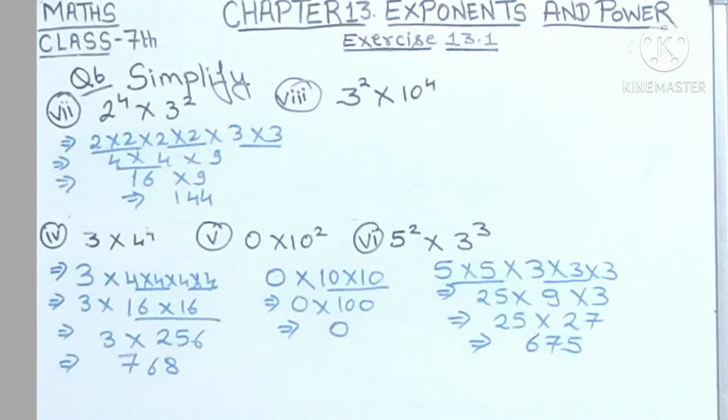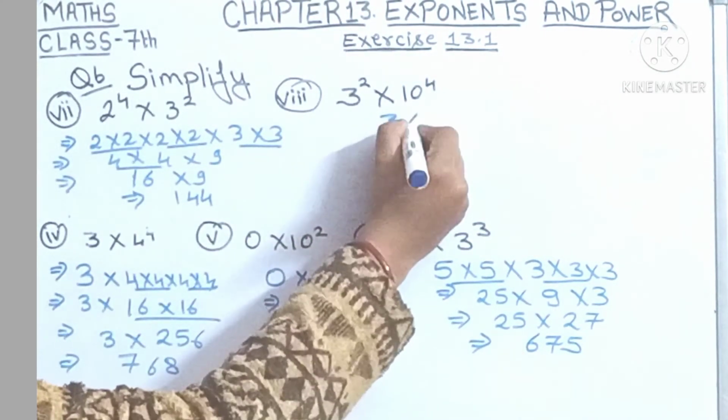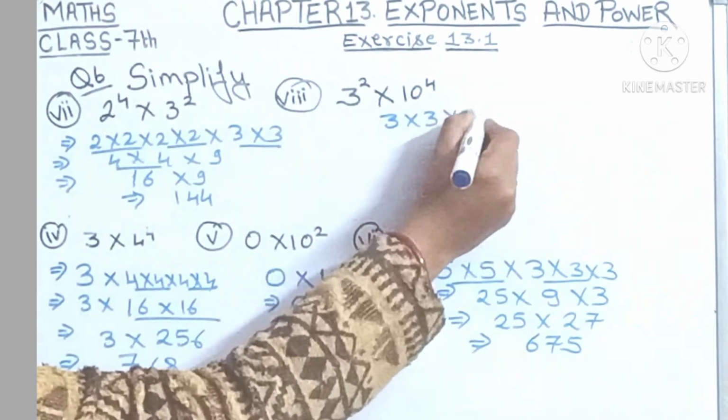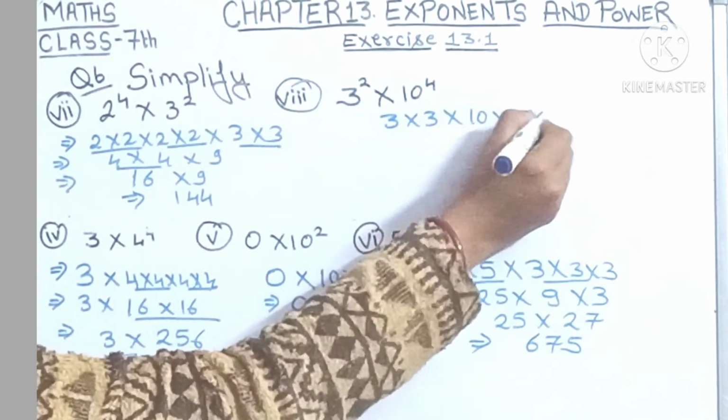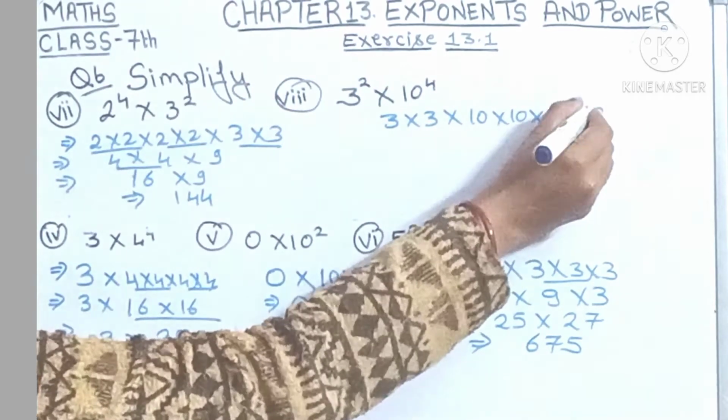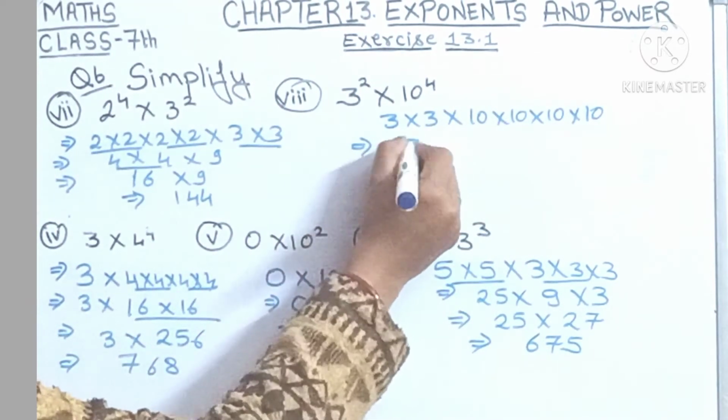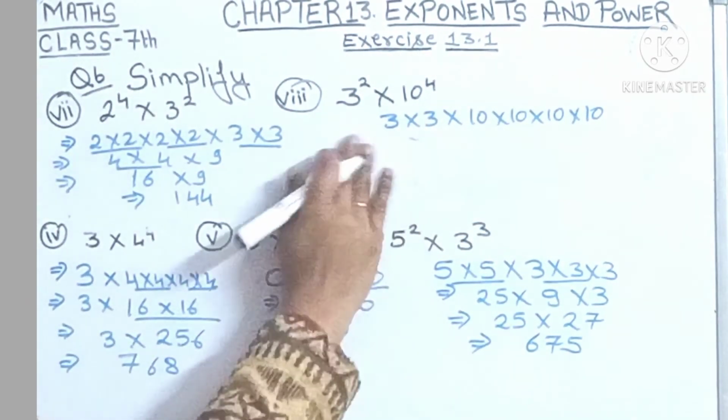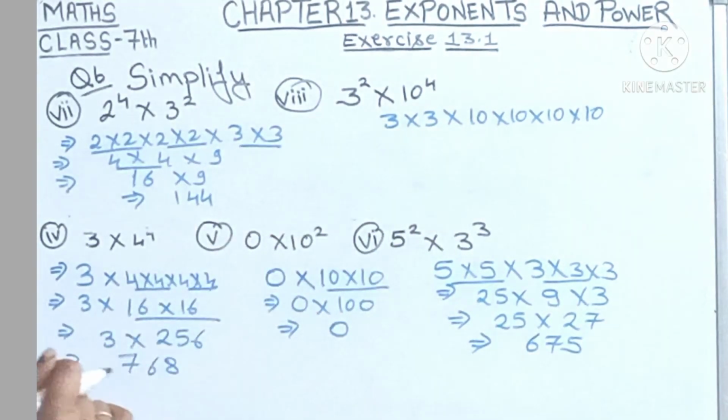Last one, the eighth one, 3 raised to the power 2 and 10 raised to the power 4. 3 raised to the power 2 means 3 two times, and 10 raised to the power 4 means 10 four times. We have to multiply these terms, not write them in exponential form.